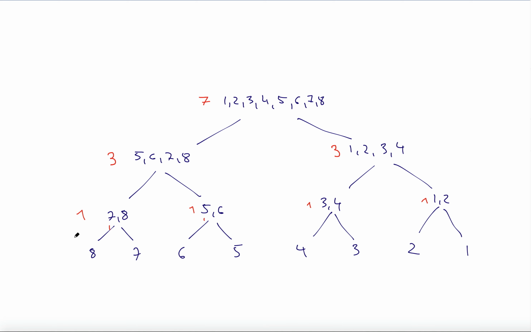And so why does this give us O of n log n? That's the question. So how do we get O of n log n now? The idea is that on each level, we have less than n comparisons, because all levels have the same number of elements.